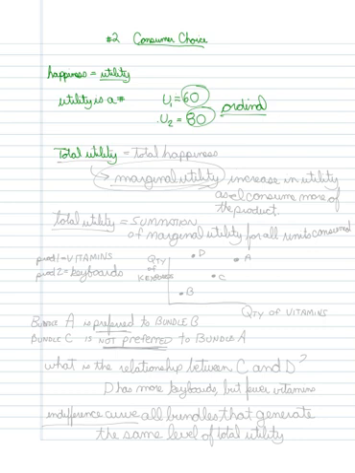Now, total utility, right? That would be total happiness. Now, total happiness is made up of marginal utility. So marginal utility, that's our increase in utility as I consume more of the product.